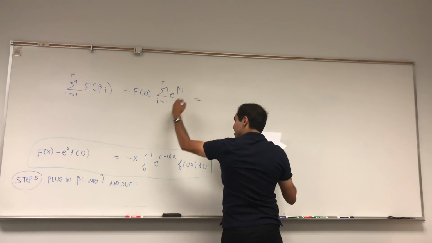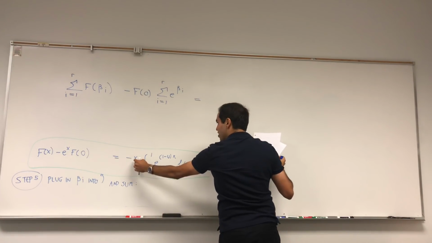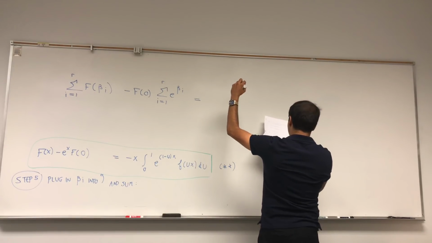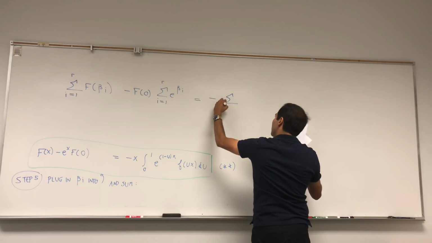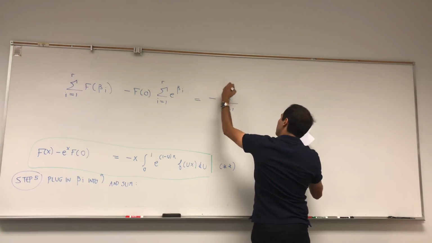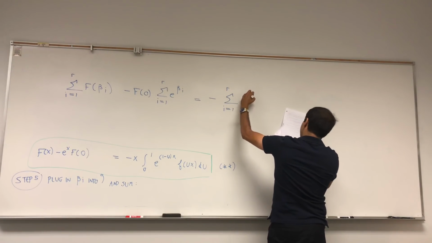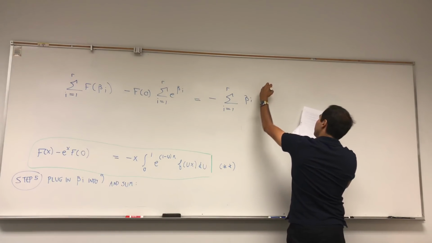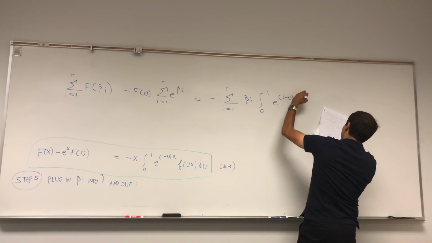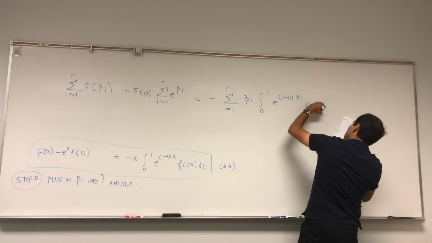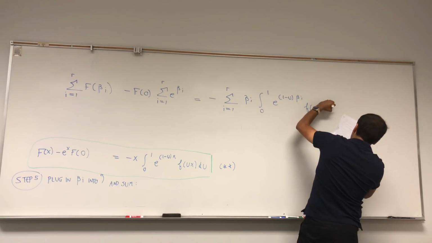And on the other hand, we get, I guess, minus sum from 1 to r of beta i times the integral from 0 to 1 of e^{(1-u) beta i} f(u beta i) du.